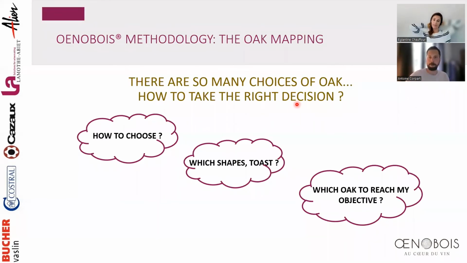This was great information. I think it's very important to understand really the origin and what we do with the oak before we go into more detail on how to use it. Thank you very much for this. Now we are going to jump into another part of the presentation, which is how to take the right decision.